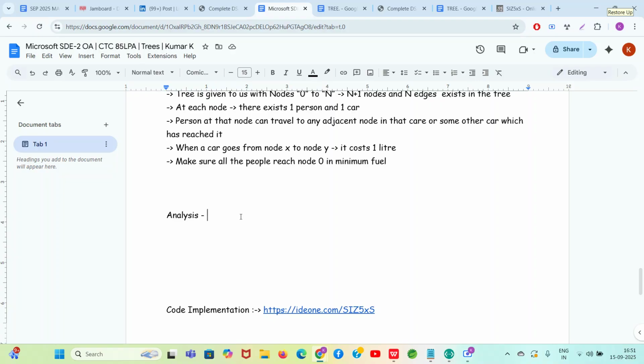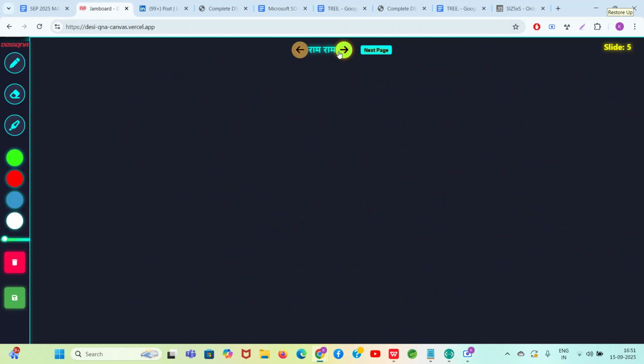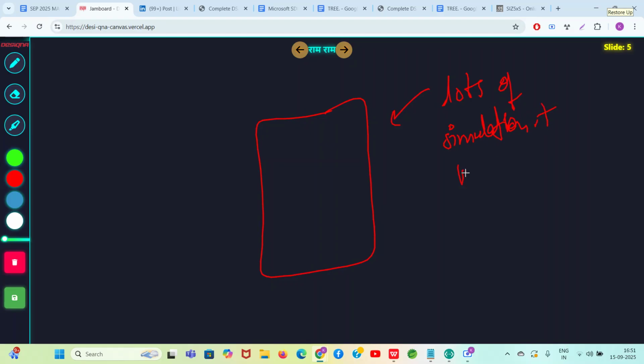There is a simple trick in OA and CP. I know this by experience. Let's say this is a problem, and lots of simulation plus movement is happening in the problem.